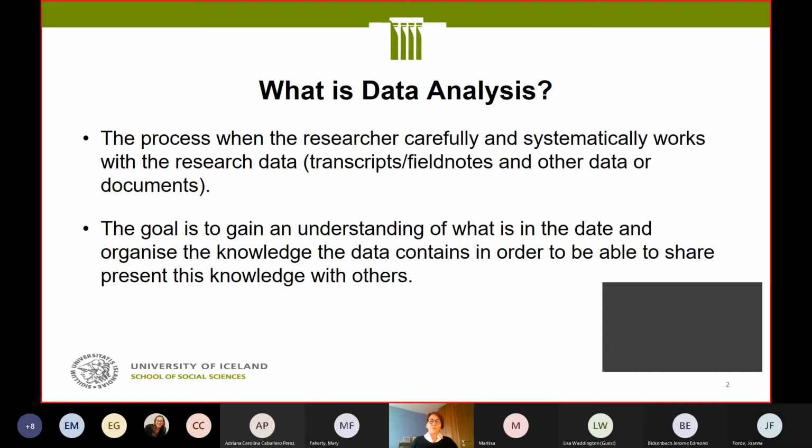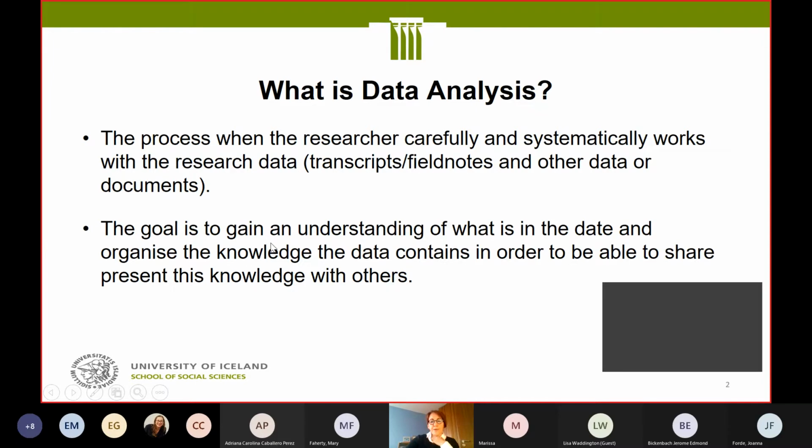It can be data that you have as transcribed interviews, and it's really essential that you transcribe your interviews in order to be able to analyze them properly. These can be field notes that are written down after participant observations in the field, or data that comes from other sources, like legal documents, school curriculums, memos, policy papers, any kind of document.